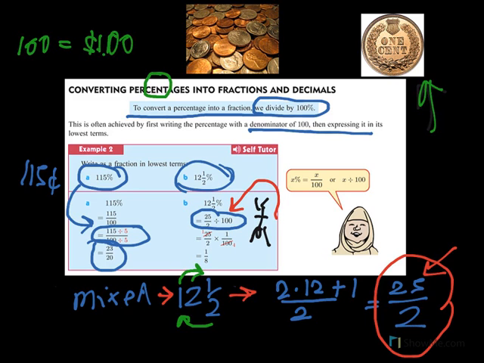Here you can see they took 25 over 2 divided by 100, flipped the 100 and multiplied, putting the 100 on the bottom with the 1 on top. Now we simply multiply right across, and you're going to have 25 over 200. If you simplify that, that will be 1 over 8.